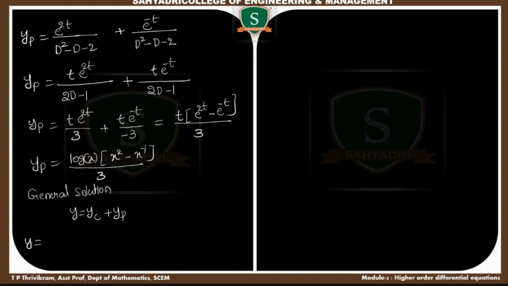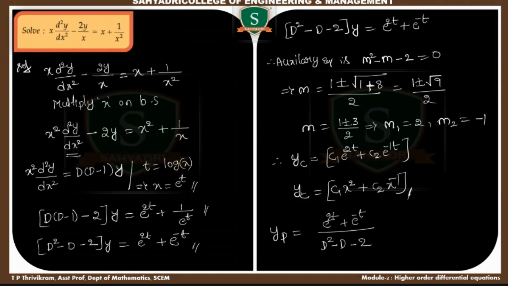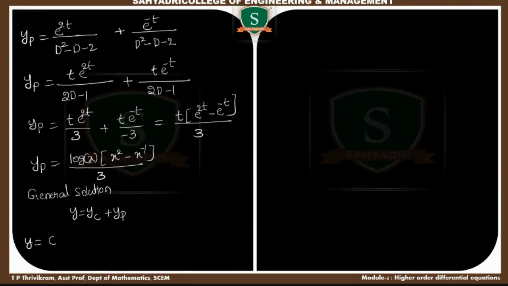So y is equal to c1 x square plus c2 x power minus 1 plus x square minus x inverse divided by 3 times log x. So this much is the general solution for the given problem.